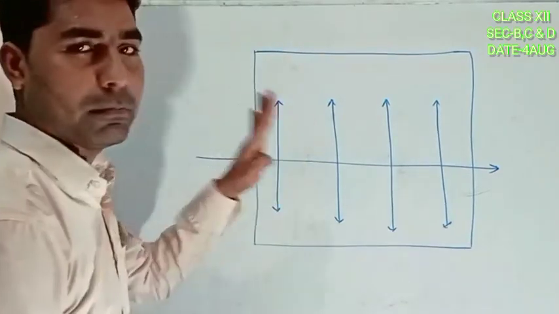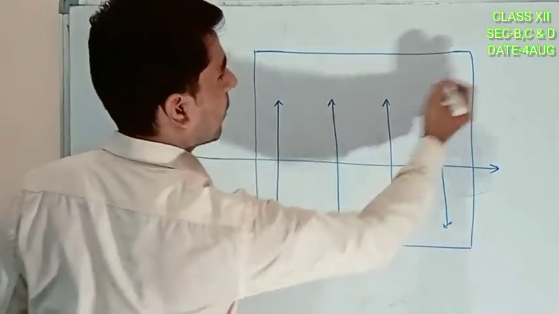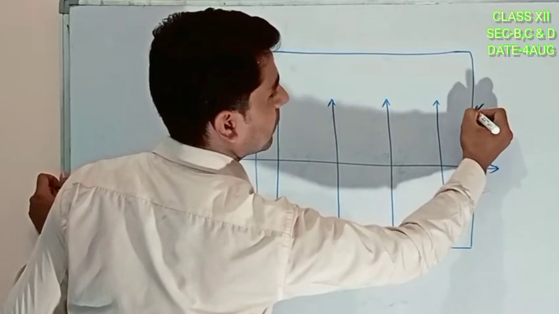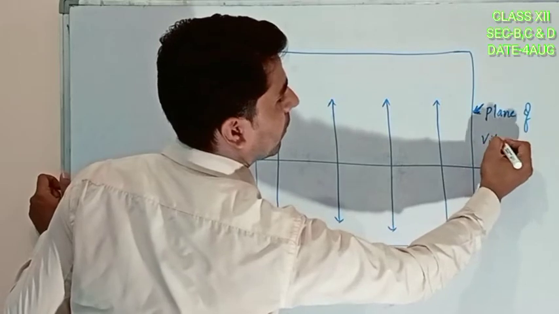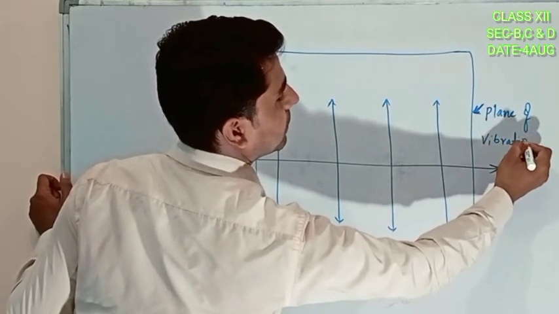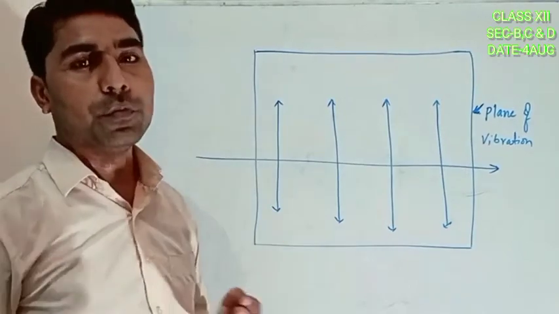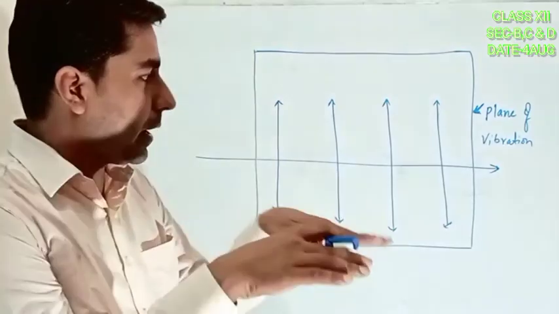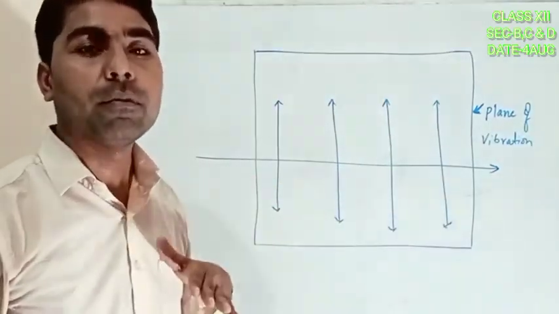This plane is called the plane of vibration. So if this is the plane of vibration, which is the plane of polarization? The plane exactly perpendicular to this light wave is called the plane of polarization.